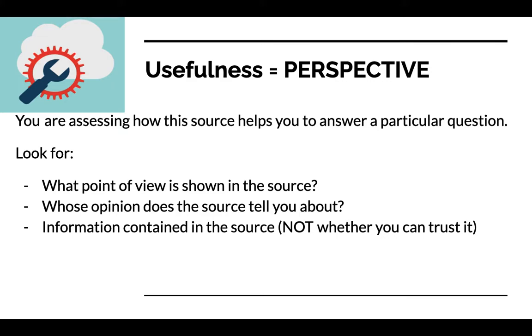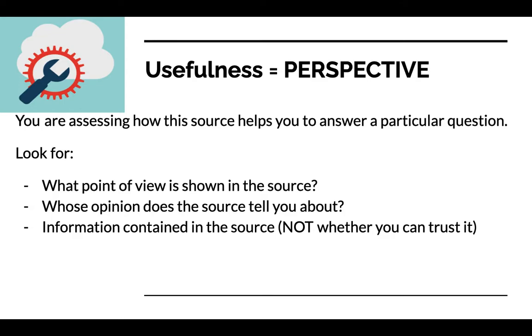So whenever you get a question about usefulness in these tests and exams, the source is always useful. You don't ever have to say the source is not that useful, because the source is always useful. It can always tell me something, even if I think it might not be so trustworthy. So don't get confused about whether the source has got bias, so therefore it's not useful. No, it still has use because it is giving me a particular perspective.